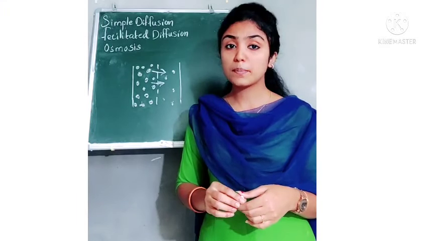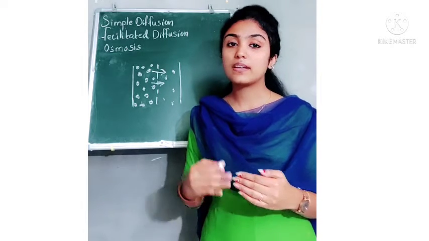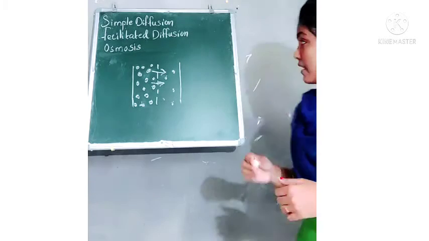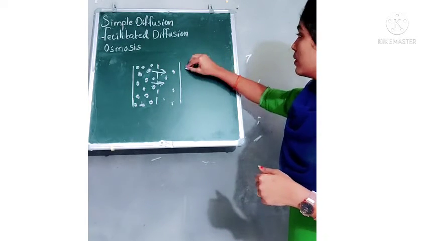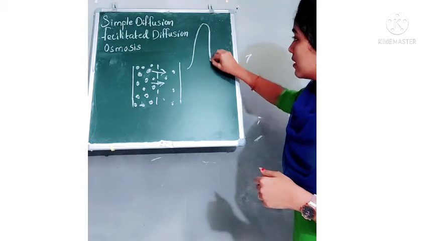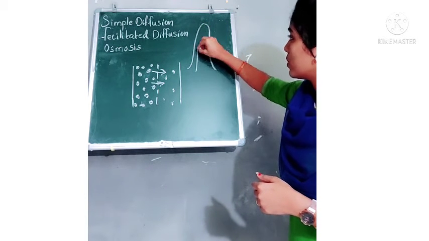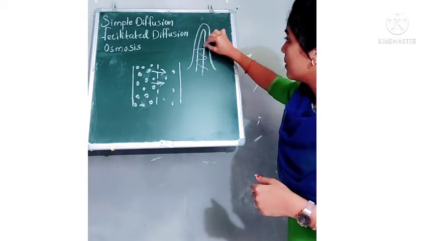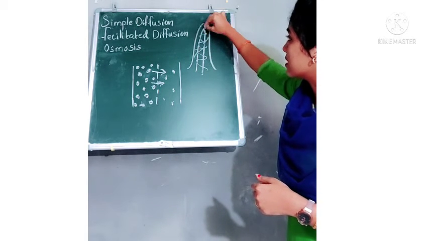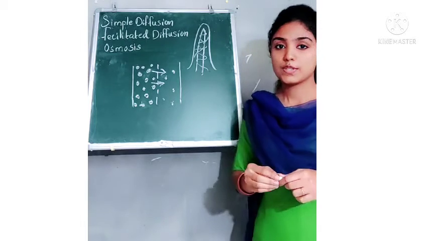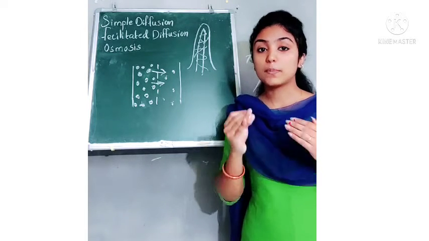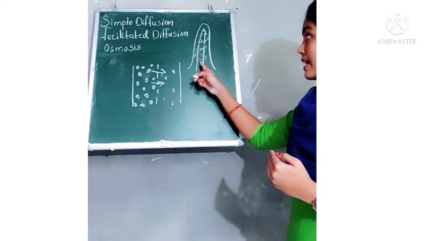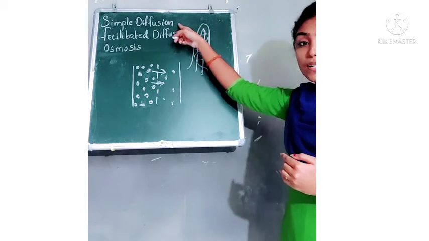So how does the simple diffusion of fatty acid and glycerol take place in lacteal? Let us draw the structure and study it more clearly. This is a villus and we know that this is a lacteal and these are blood capillaries. The absorption of simple nutrients into the lacteal takes place by simple diffusion.